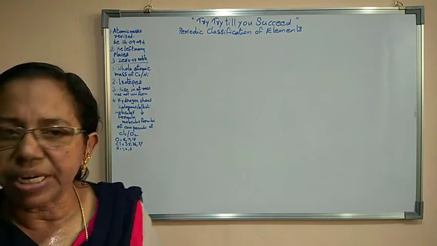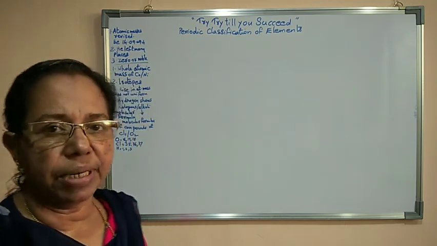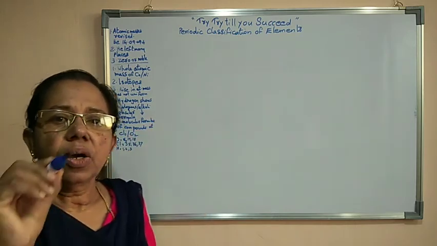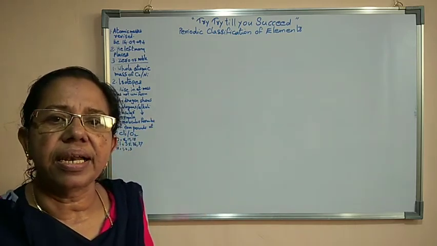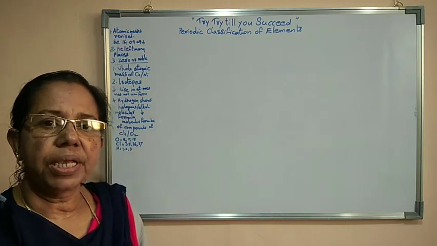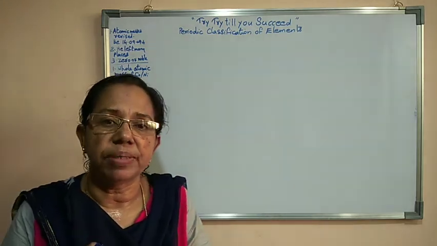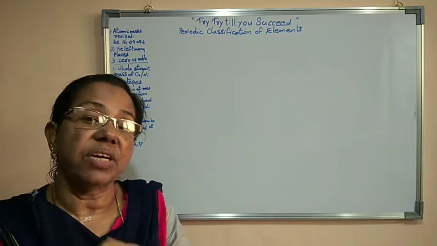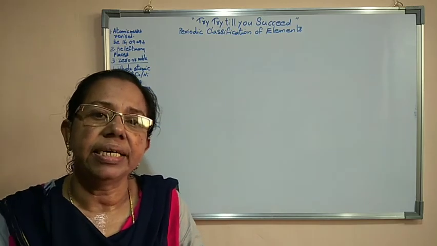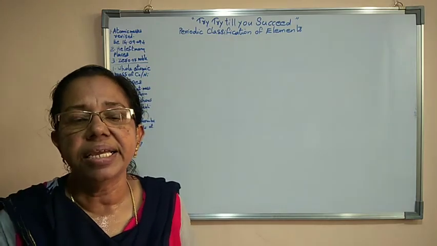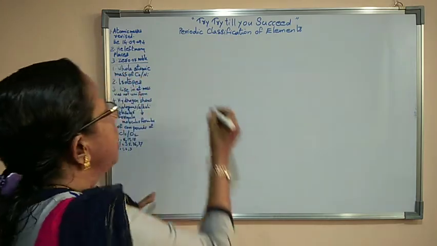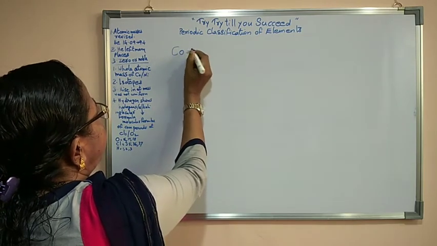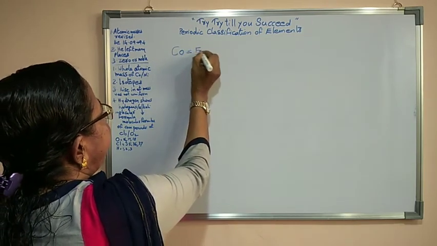The first demerit of Mendeleev's periodic table is that the atomic masses of cobalt as well as nickel were the same. There he faced a lot of problems. That means there was so much confusion in arranging cobalt and nickel in his periodic table. If you see cobalt, its atomic mass is 59.